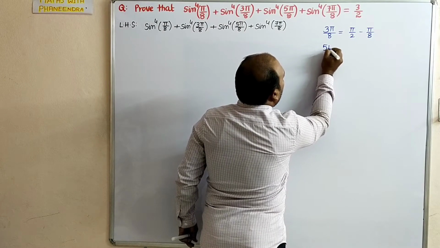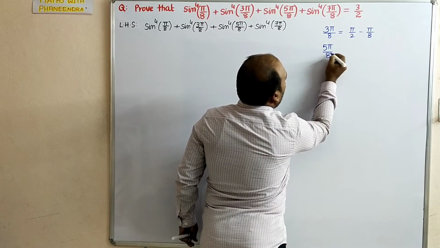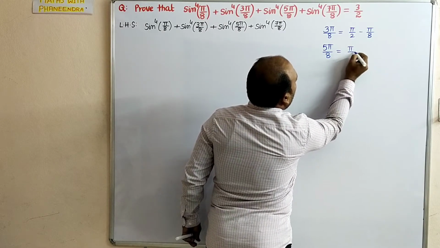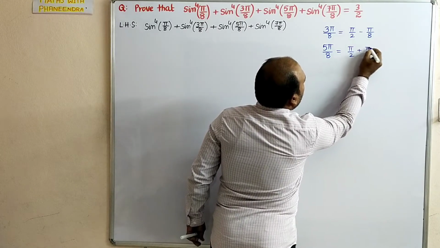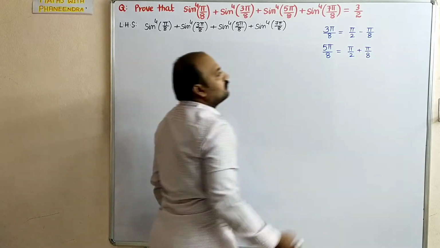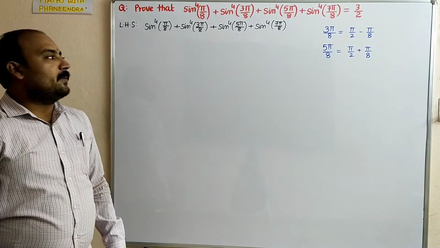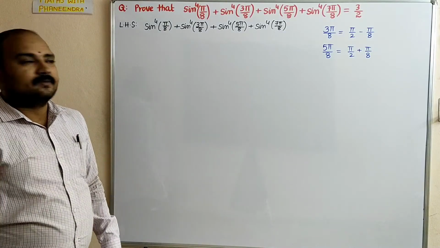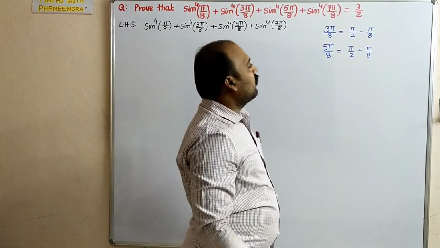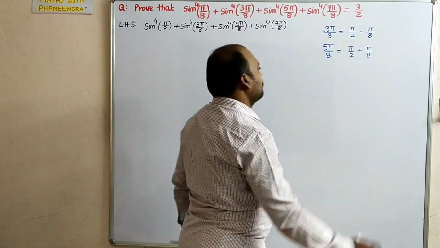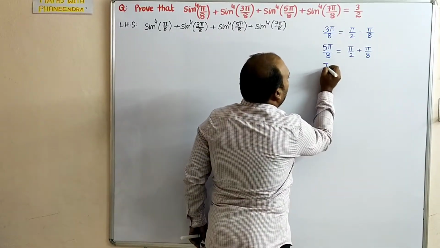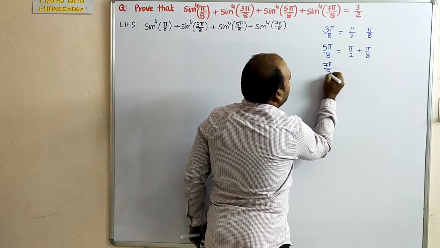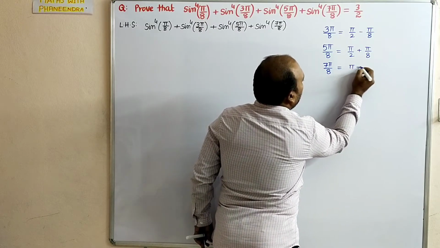Similarly, 5 pi by 8 can be written as pi by 2 plus pi by 8. After taking LCM, 4 pi plus pi will come, that is 5 pi by 8. Next is 7 pi by 8, that can be written as pi minus pi by 8.